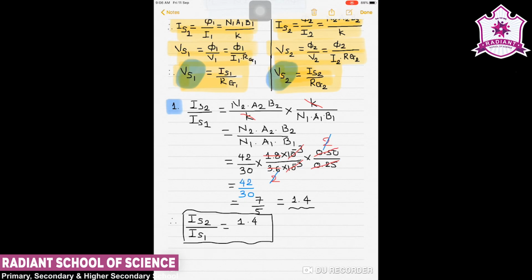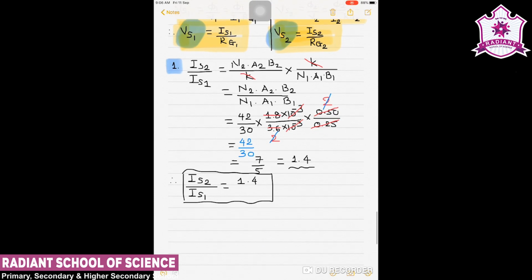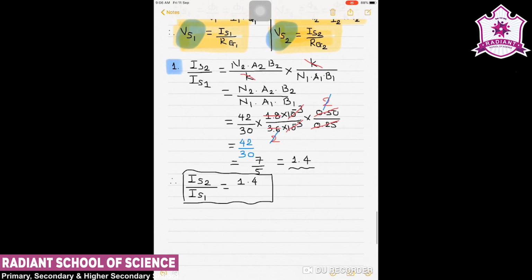We have to do nothing special, just take the ratio of Vs. For question number 2, the voltage sensitivity of 2 to the voltage sensitivity of 1: Vs2 is IS2 over RG2, and Vs1 will be IS1 upon RG1.